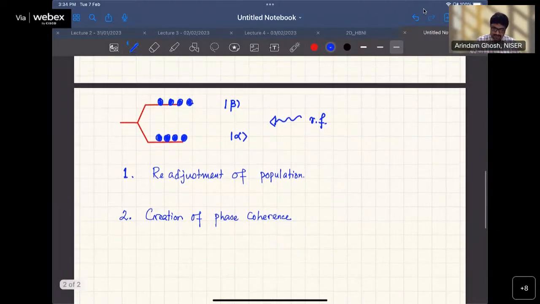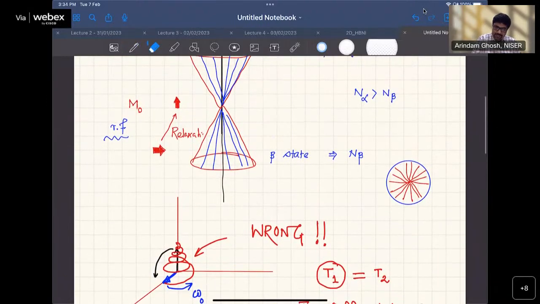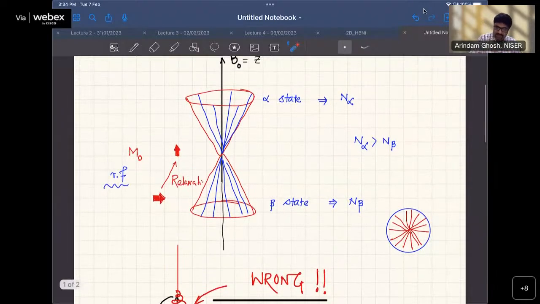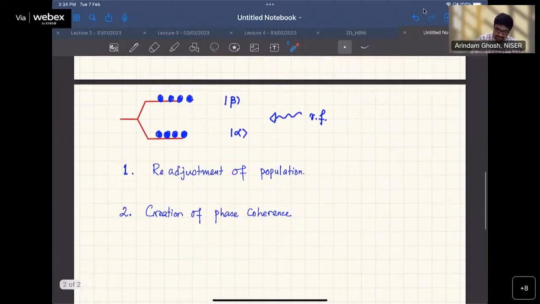Imagine that the xy plane is actually not looking like this. Just by giving this RF pulse, we have created a situation where those which were in the alpha state are kind of bunched into one direction, and those in the beta state are bunched into a different direction. So a picture is coming like this.